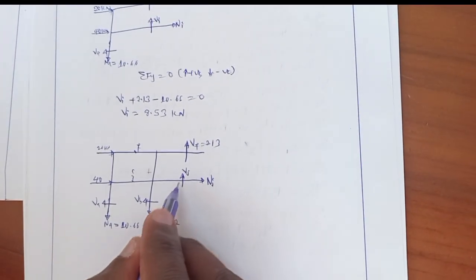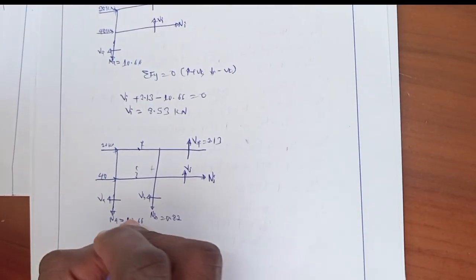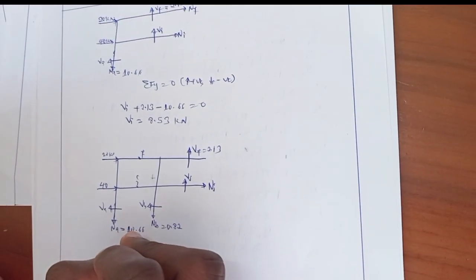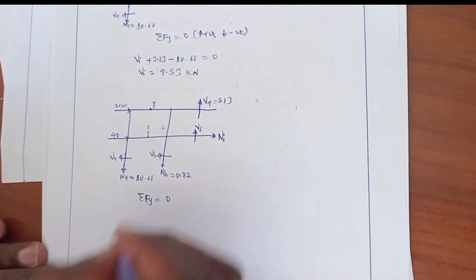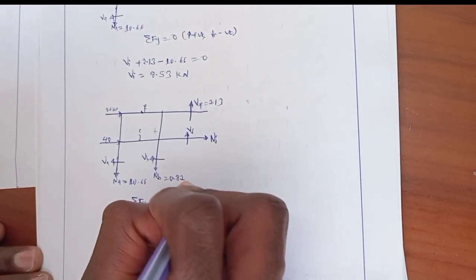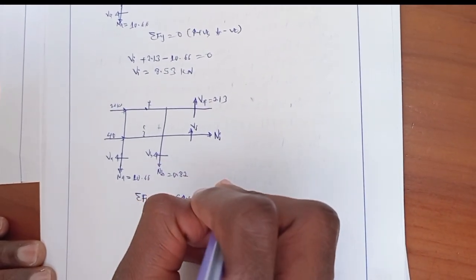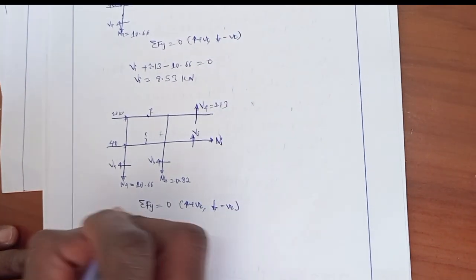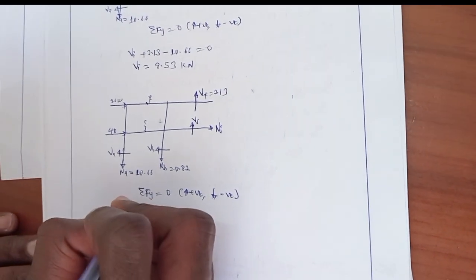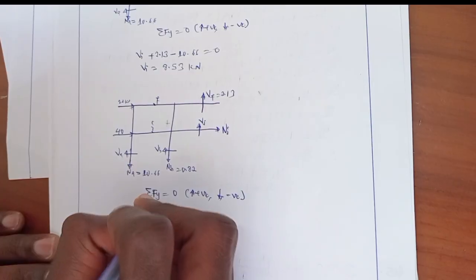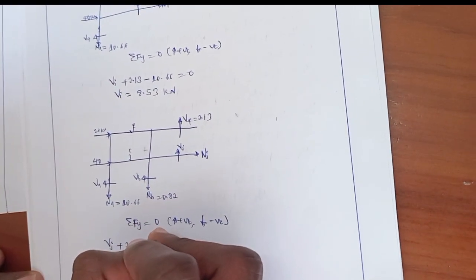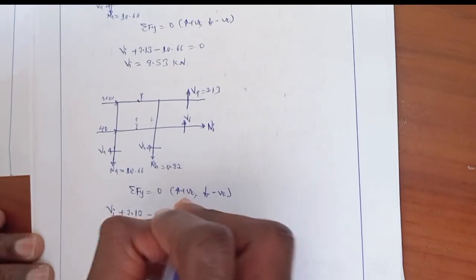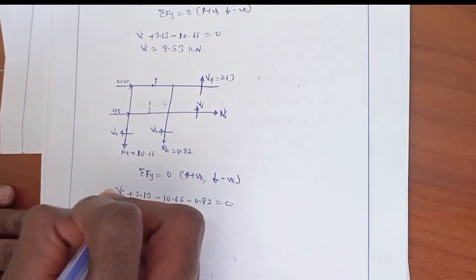In order to obtain VJ, we take the summation of vertical force is equal to 0, upward positive, and downward negative. So VJ plus 2.13 minus 10.66 minus 0.82 is equal to 0.